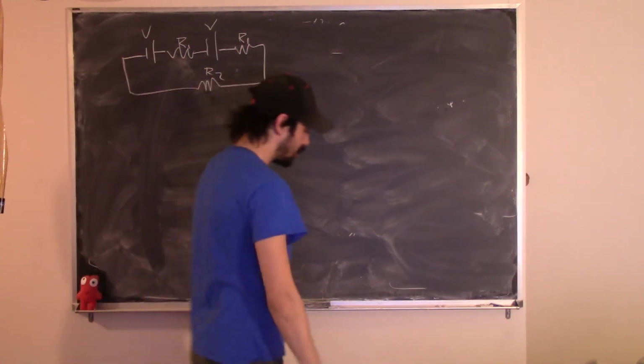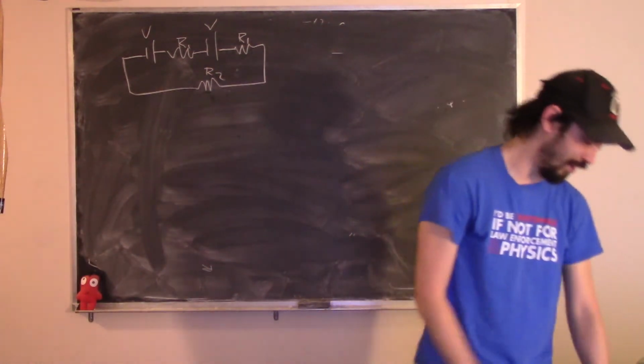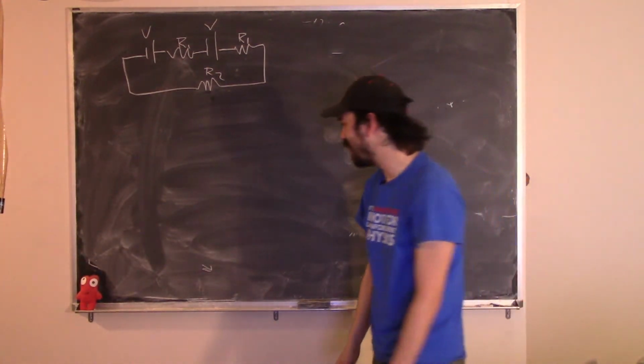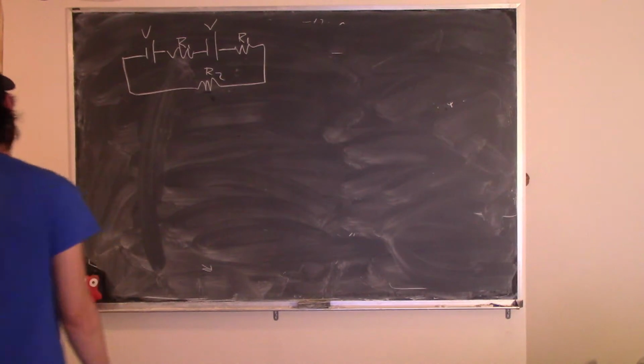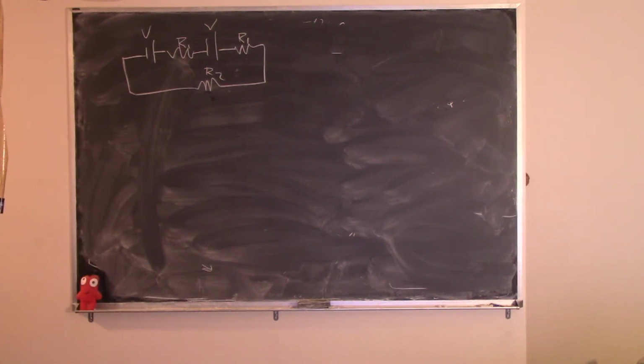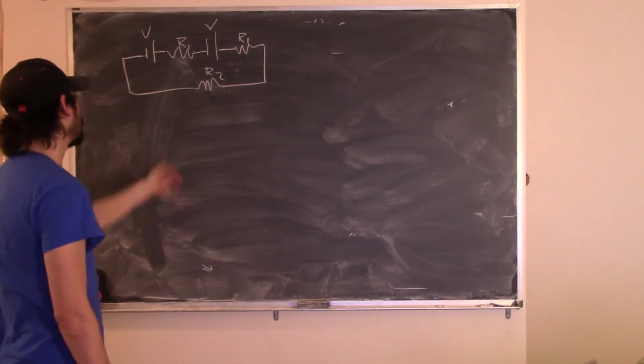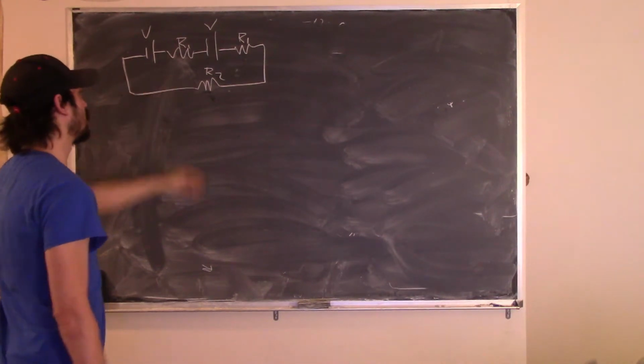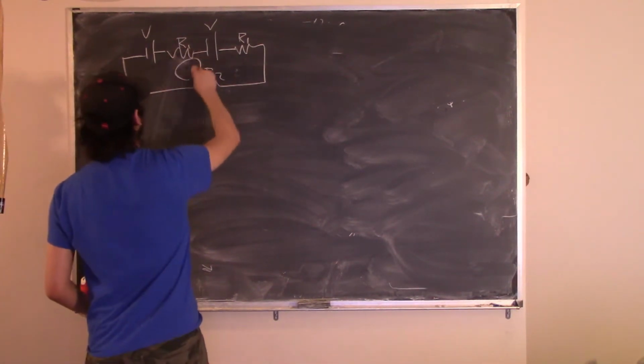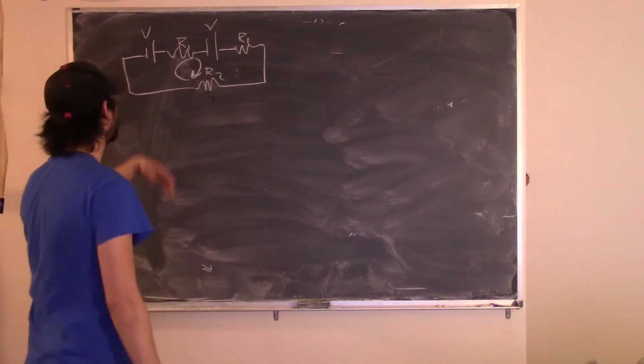So here's an example of one that I wouldn't ask something this simple, and the reason why is there's only really one loop that you can draw here. So there's one loop, okay?